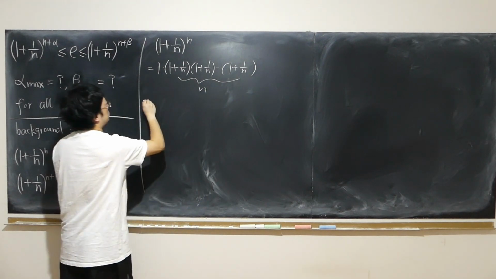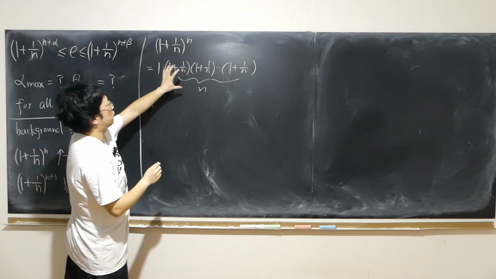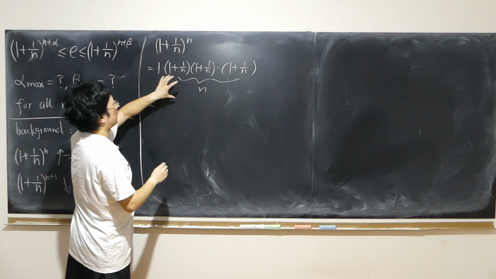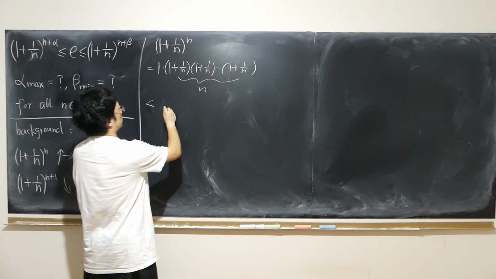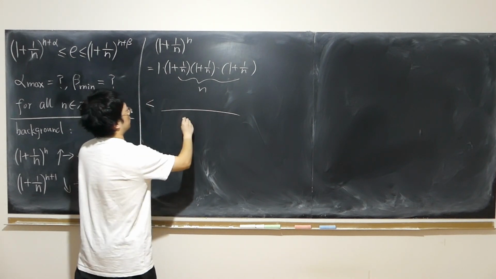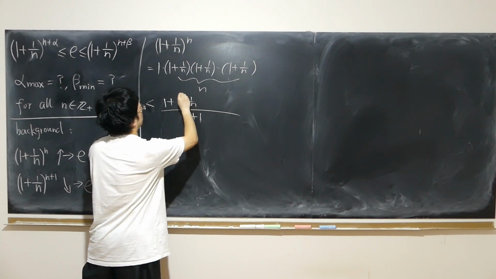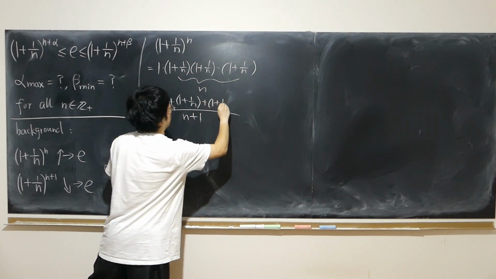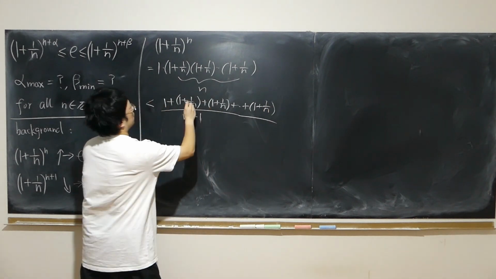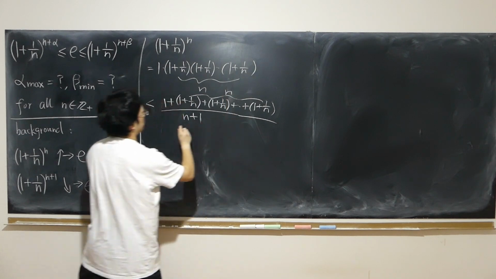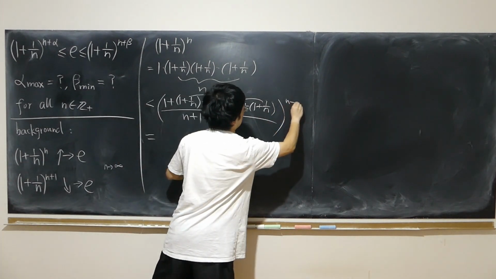Now, using the AM-GM inequality, after I raise to the power of n plus 1 on both sides, the geometric mean should be less than the arithmetic mean of n plus 1 elements: 1, and 1 plus 1 over n, n many of them, all to the power of n plus 1.